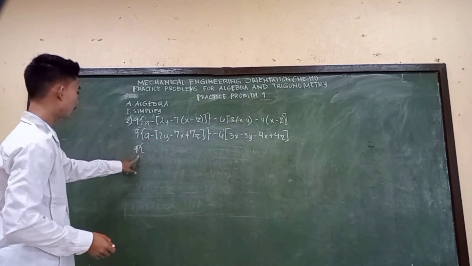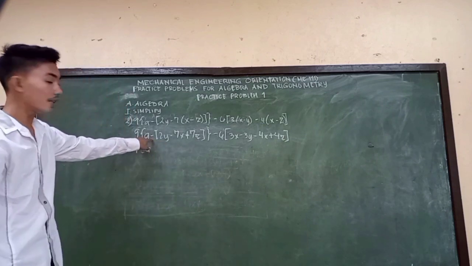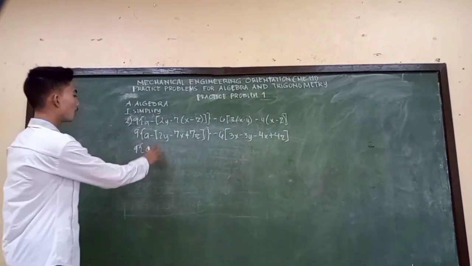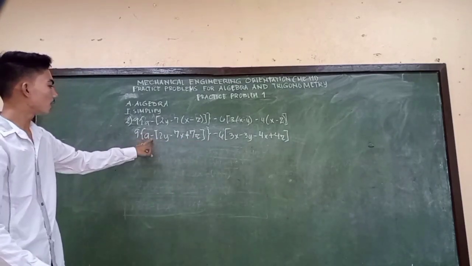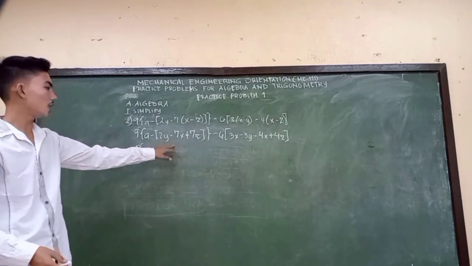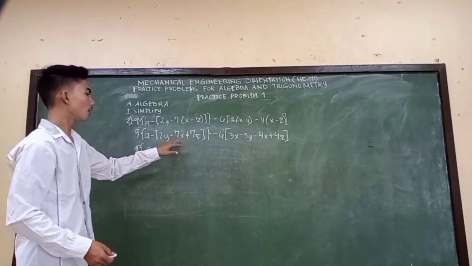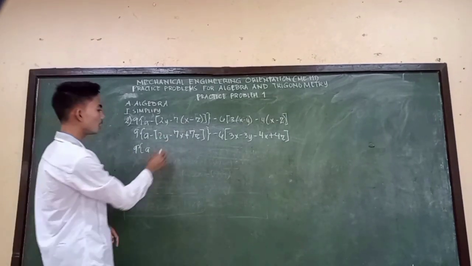And then copy 9{a. There is a negative sign before the bracket, so we will change all the signs of the terms inside the bracket.